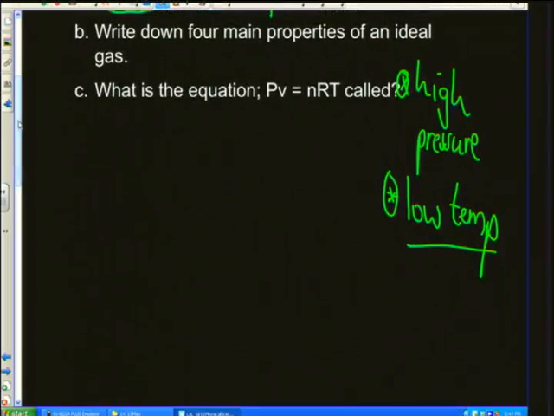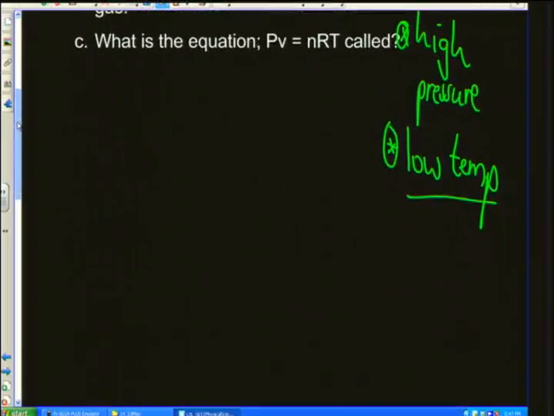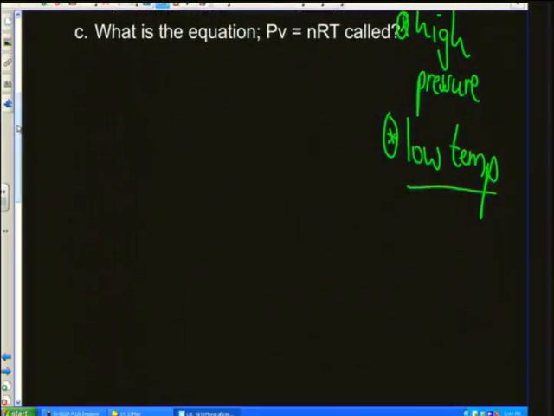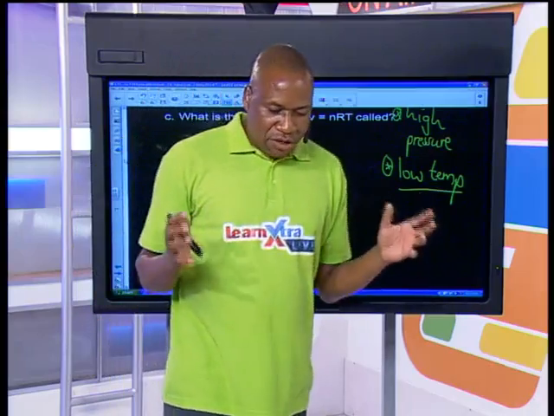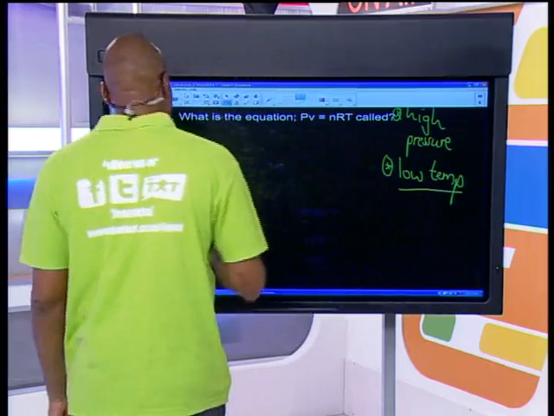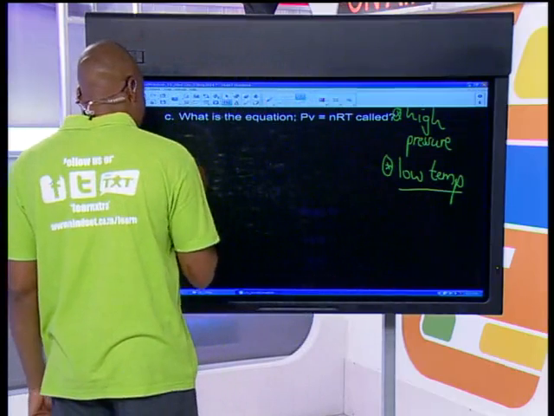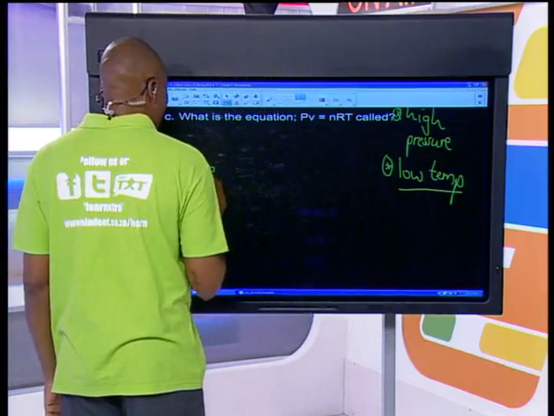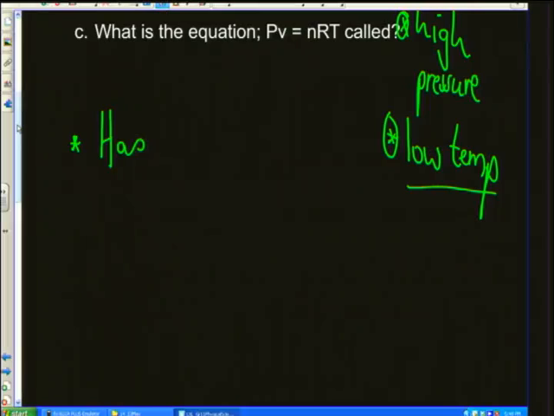Now, the main properties of an ideal gas. Let's just write 3 that are more logical. The first one: we said that the molecules of an ideal gas have mass but occupy no volume.